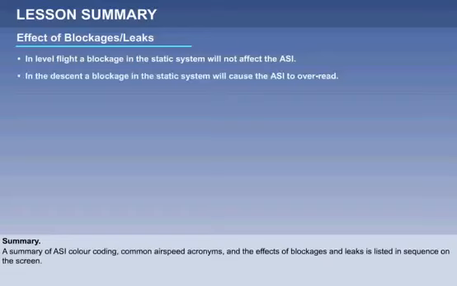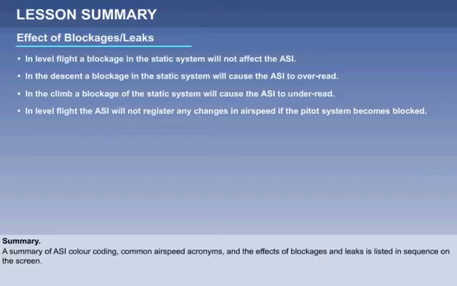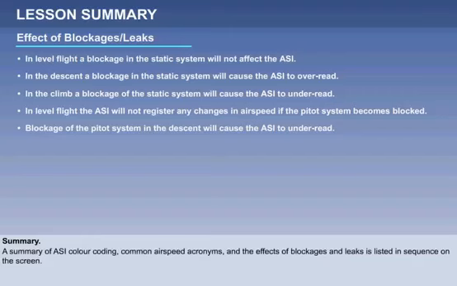In the descent, a blockage in the static system will cause the ASI to overread, and in the climb, the ASI will underread. In level flight, the ASI will not register any changes in airspeed if the pitot system becomes blocked. Blockage of the pitot system in the descent will cause the ASI to underread, and in the climb, the ASI will overread.